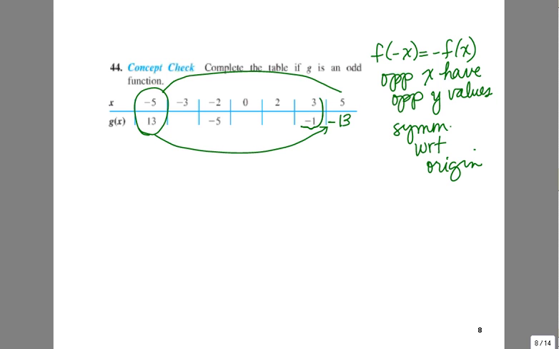If 3, negative 1 is here, opposite x have to have opposite y. So if this is negative 1 for positive 3, it has to be positive 1 at negative 3. At negative 2, negative 5, opposite x have to have opposite y. So that would be a positive 5. And then for it to be an odd function, it always has to go through the origin. So we know that has to be at 0, 0.